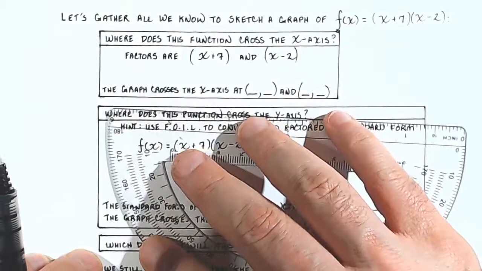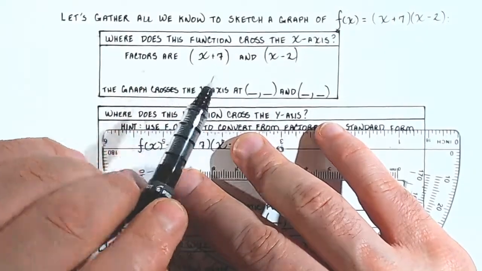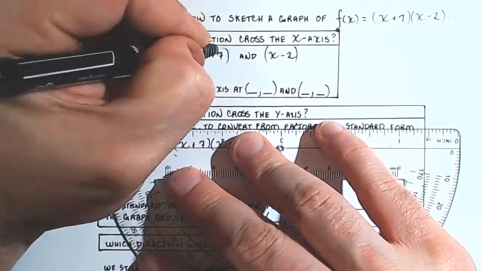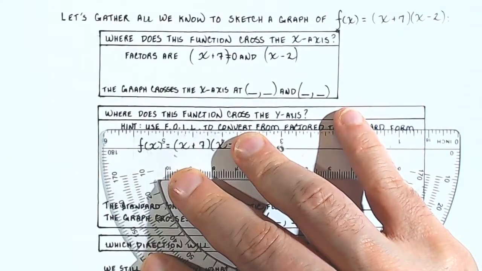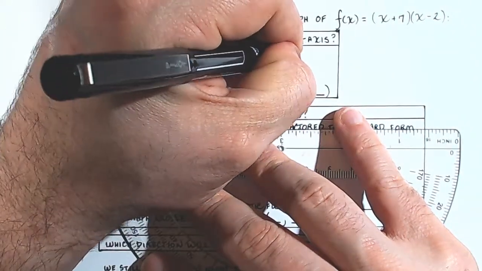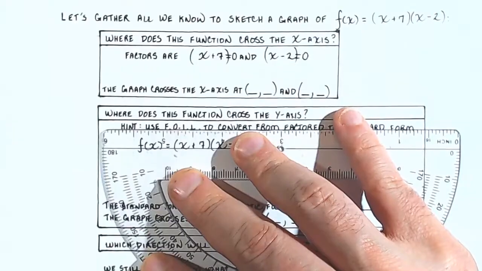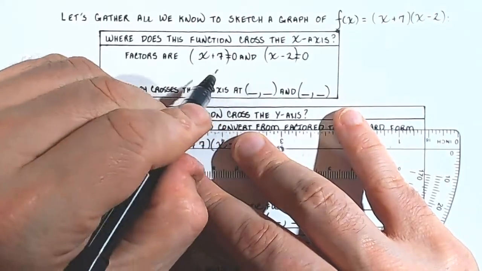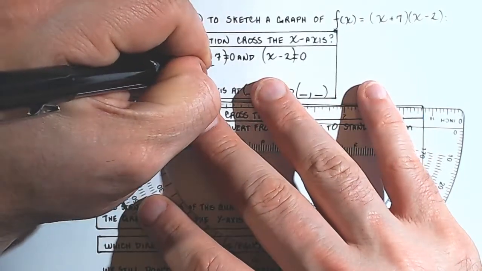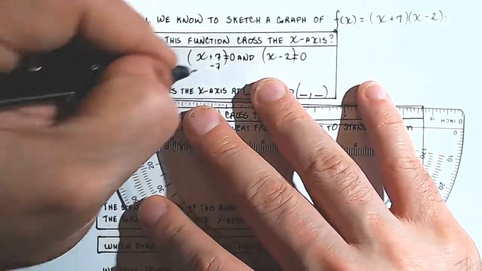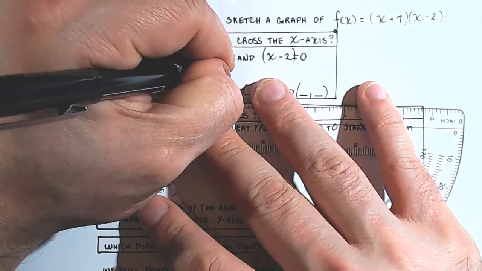The way that you find out what the x value is, you just set each of these factors equal to 0. So x plus 7 equals 0 and x minus 2 equals 0. And we're just going to solve for x for each of these little tiny equations. So first, on this first one, I would subtract 7 from both sides. And you need to be doing this on your paper as well.